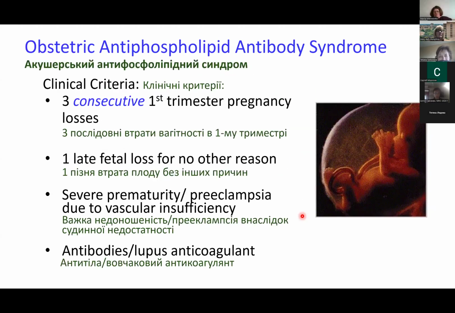Okay, so we mentioned earlier the obstetric antiphospholipid antibody syndrome. And again, it's 3 consecutive first trimester pregnancy losses, so under 12 weeks, or 1 late fetal loss.